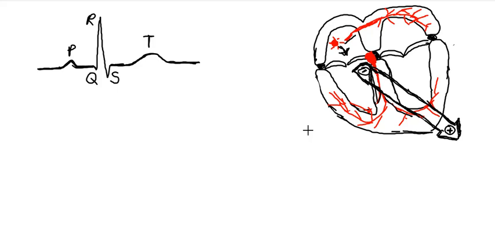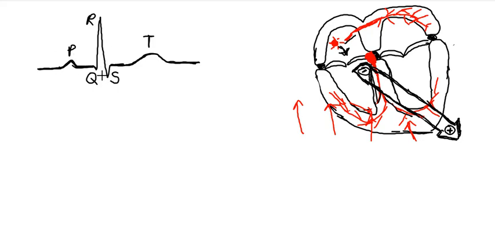In repolarization, cells are becoming negatively charged, so negative current will be traveling through the cells, and negative current moving towards the negative electrode, here the exploring lead, will produce a positive deflection, and thus the T wave is positive. That's how different ECG waves are formed, and that's why some of the waves are positive and some of the waves are negative.